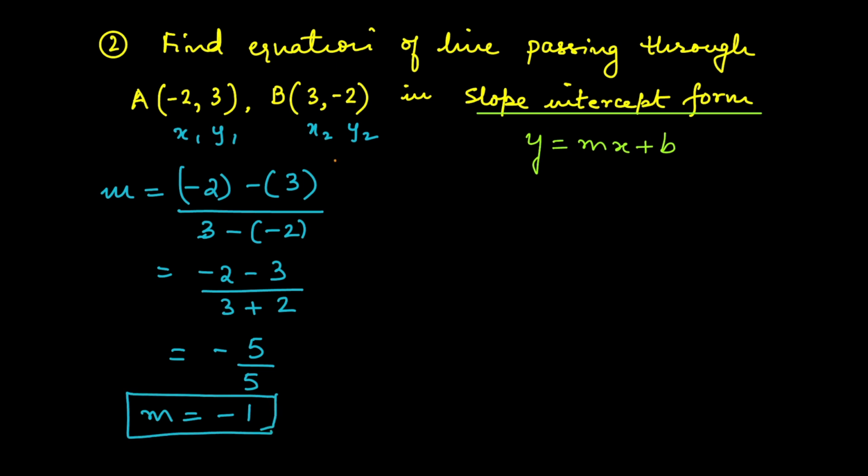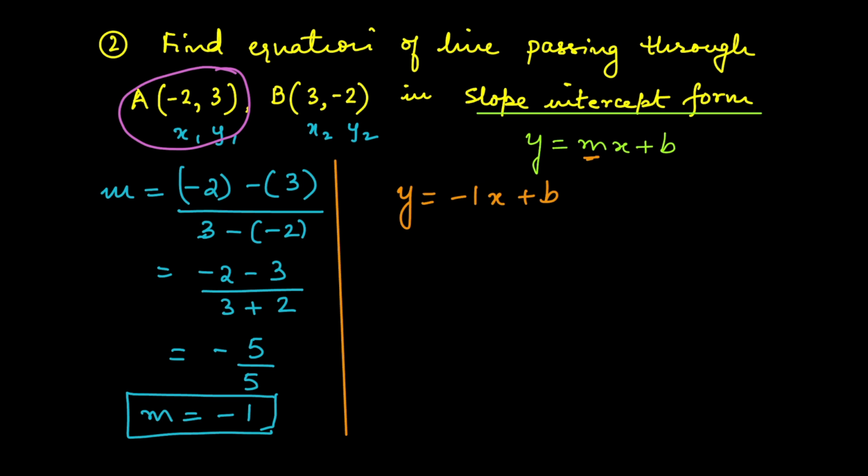And to find the equation in the form y equals mx plus b, we write the equation as y equals, in place of m, I'm writing minus 1, and x, and then plus b. We can use any one point to find the value of b, so we are using this one. So the point is minus 2 and 3. So basically we take these as x and y. When we plug it into this equation, it is 3 equals minus 1 times minus 2 plus b.